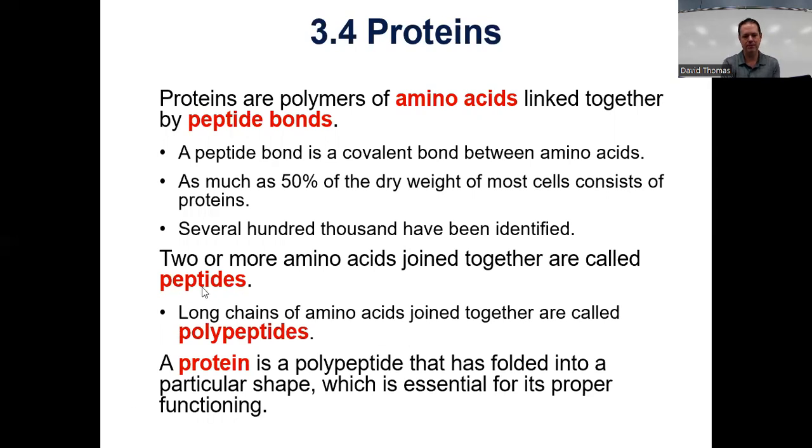So anytime you see peptide, that's referring to that special bond that makes proteins. It's a covalent bond, so it's a very strong bond, and that will take amino acids, combine them together, and that starts your building blocks to form a polymer of proteins.